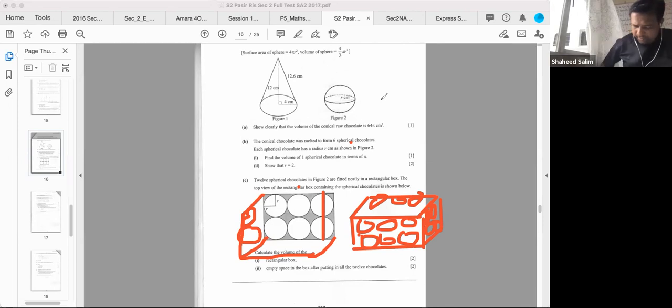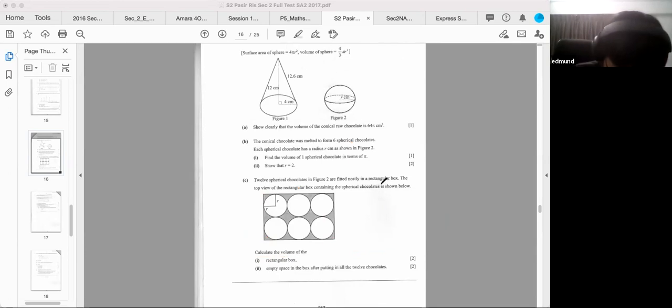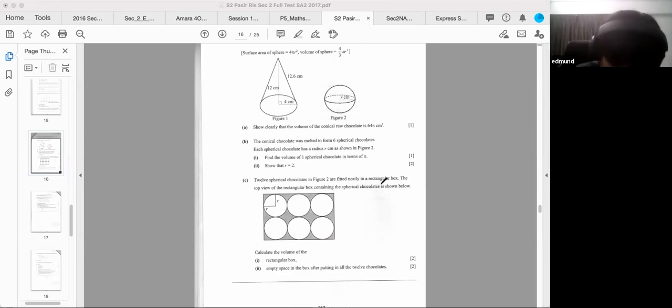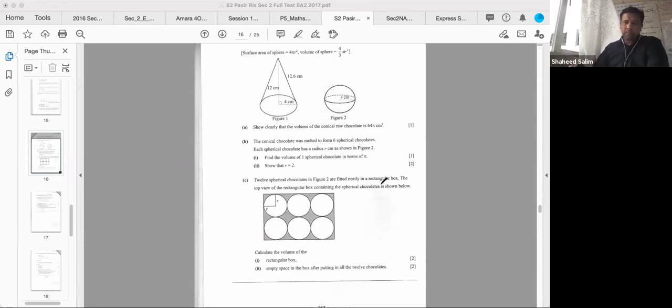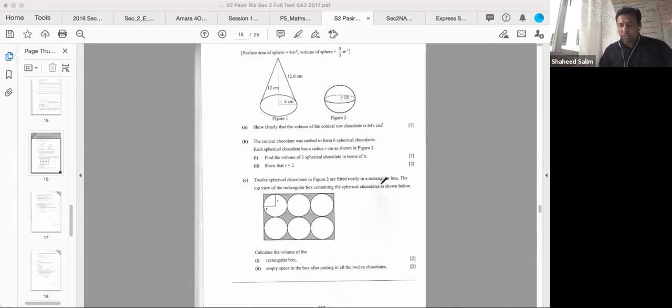And what about the empty space? 768 minus... You can take 2 of the cones actually if you want to, up to you. 12 balls or 2 cones is the same thing.